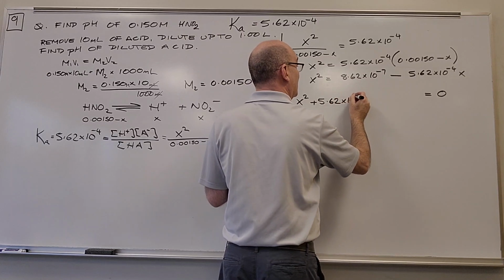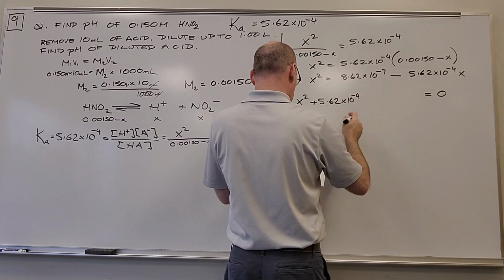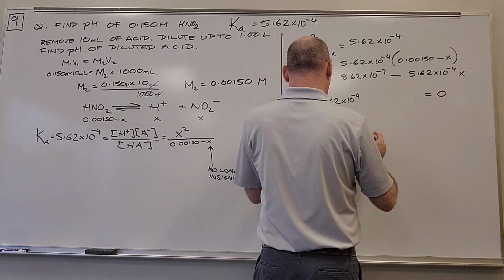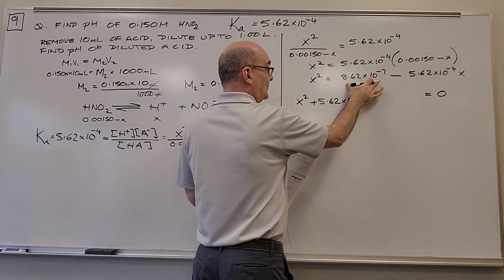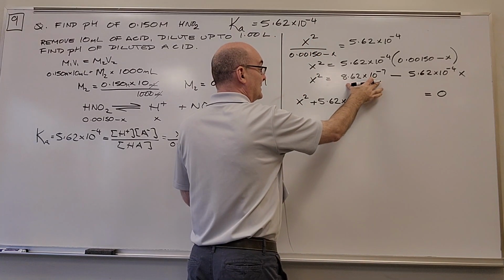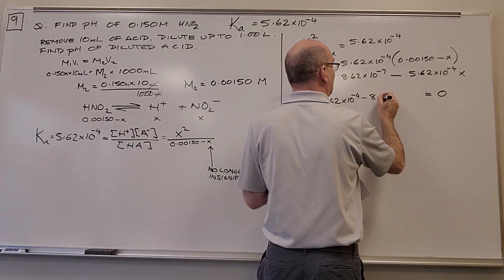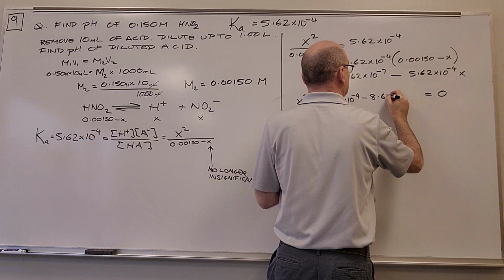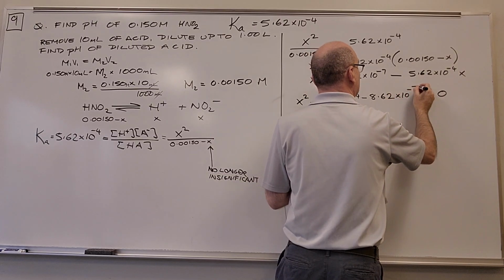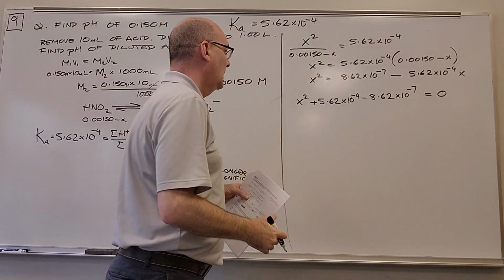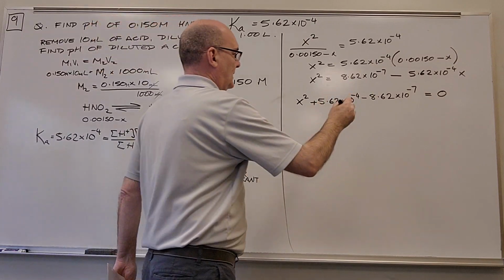And this positive 8.43 times 10 to the negative 7 becomes a negative. Oh, I'm missing an x.